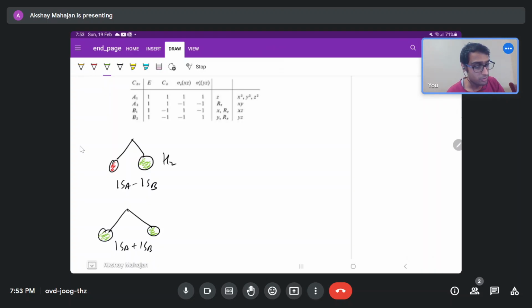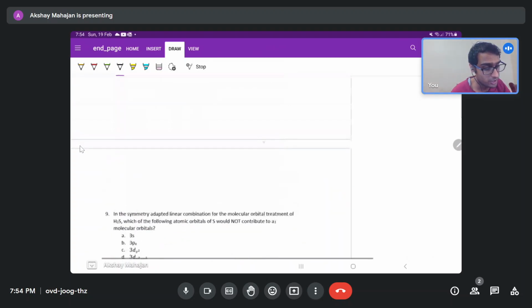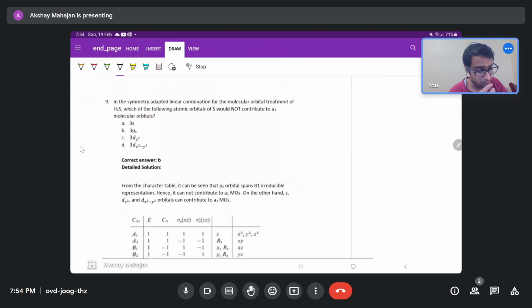Similarly for sulfur, you will have sulfur px, sulfur py and sulfur pz, and similarly sulfur 2s. So you just have to solve this question similar to what has been done in the class.